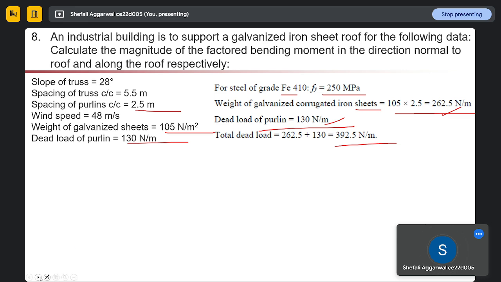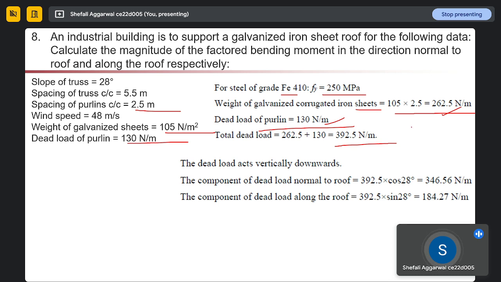Okay. Next thing is, all this dead load is acting vertically downwards. So this is our dead load, and this is our purlin. It is at 28 degrees, sorry, not Celsius, 28 degree angle. Then we calculate the component of our dead load in the parallel direction and in the perpendicular direction.